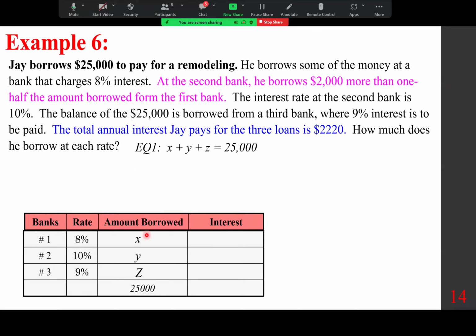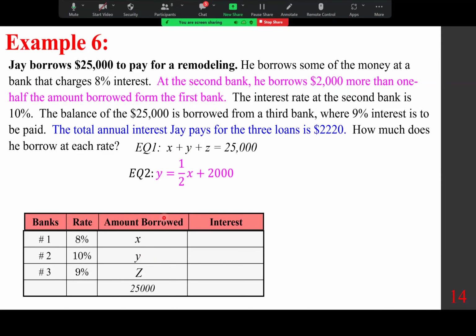So the first one was X. The second one is Y. Y equals 2,000 more, 2,000 plus 1/2 the amount borrowed from the first bank. So half of X plus 2,000, or 2,000 plus half of X.